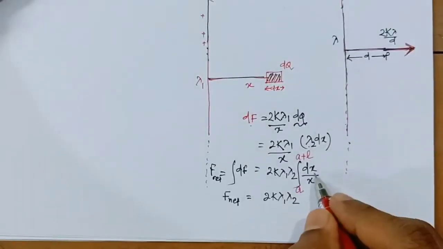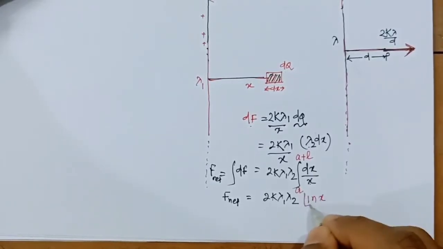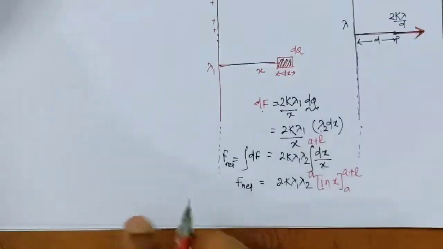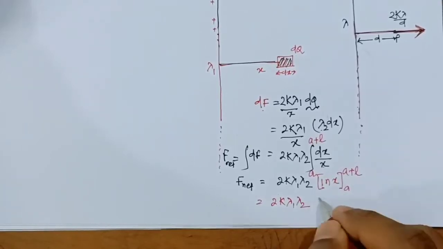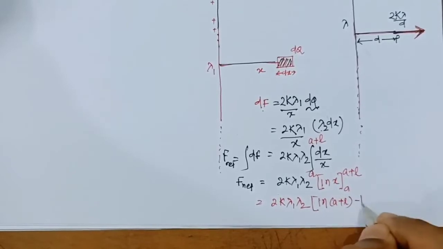And we all know the integral of dx by x is ln x, and I will put this limit a to a plus L. Little shifting these things, 2k lambda 1 lambda 2, this is ln (a plus L) minus ln a.